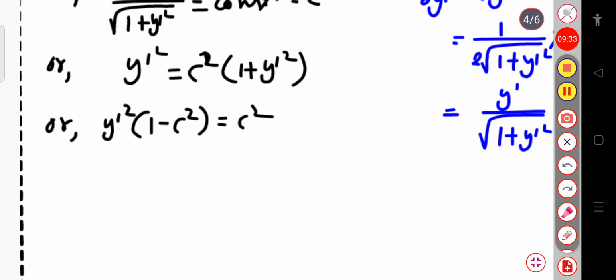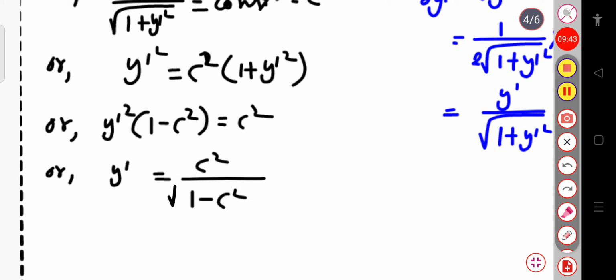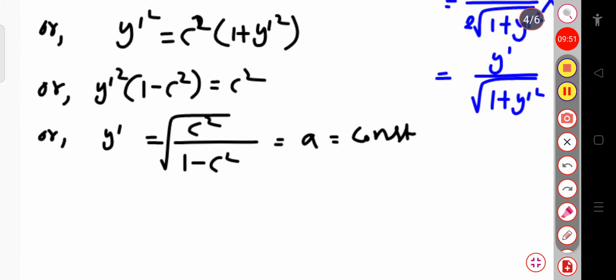Or this can again be written as y′ equal to c square divided by 1 minus c square whole root over. This is your total constant, suppose a is your constant.